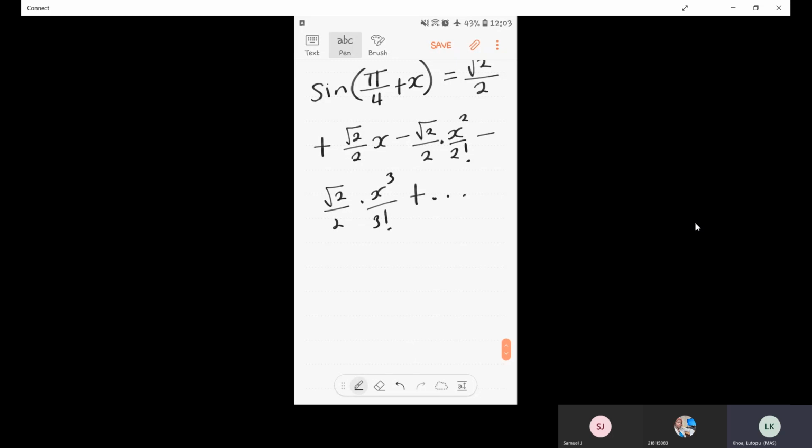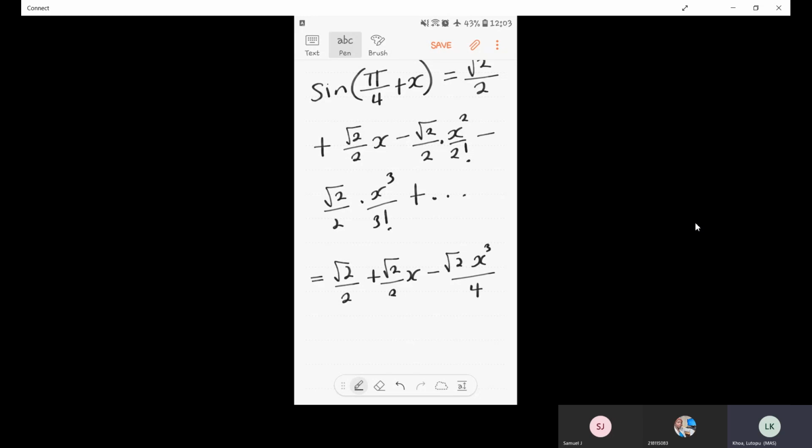So we can simplify this just a little bit. So we have square root of 2 over 2 plus square root of 2 over 2 x minus square root of 2 x cubed divided by 4.